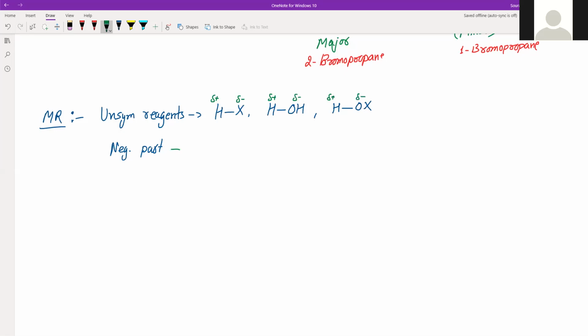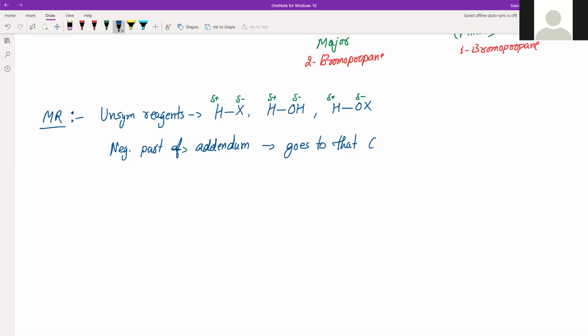So the negative part will get itself attached. Negative part of what? Negative part of the adding reagent, which has a name, called the addendum. That is the adding molecule, the molecule which is going to be added. So this negative part of the addendum attaches to that carbon atom of the double bond which carries a lesser number of hydrogen atoms.